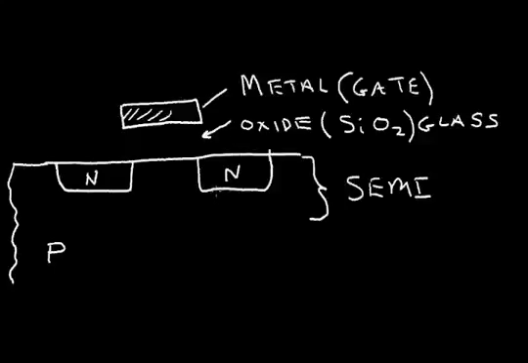Field effect transistor. If you put a positive charge on this gate relative to these N-type and P-type semiconductors, you form an electric field.